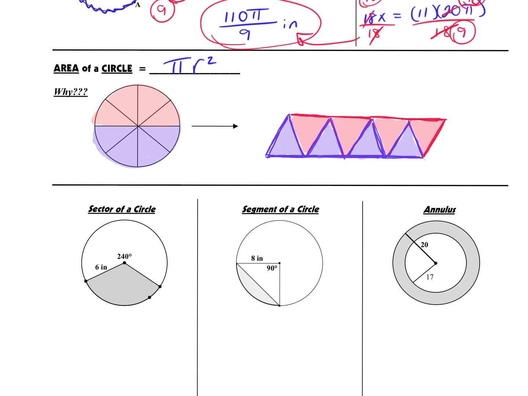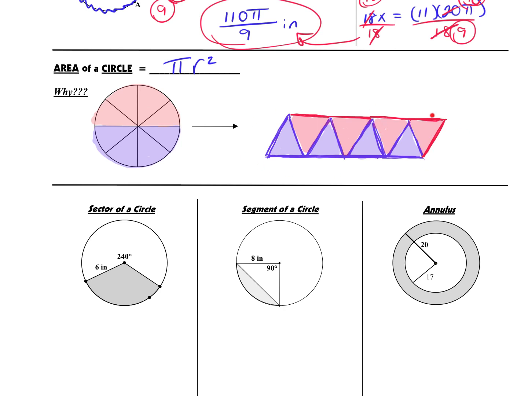What we're trying to imagine is that if I cut this circle into smaller and smaller pieces, then the smaller the piece that I make this, the flatter this side is going to become, and if I make them very, very tiny, it would eventually create essentially a parallelogram. So I've got my 4 pieces here that are my 4 purple ones, and then my 4 red ones.